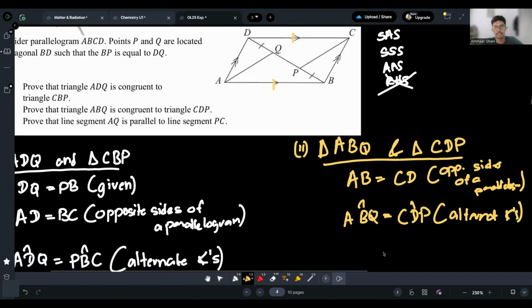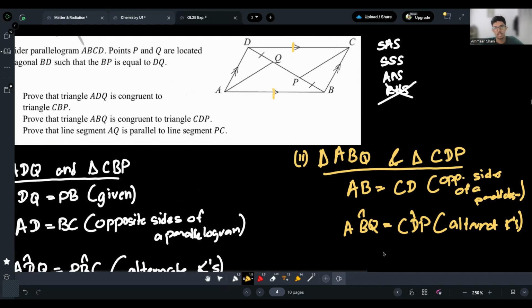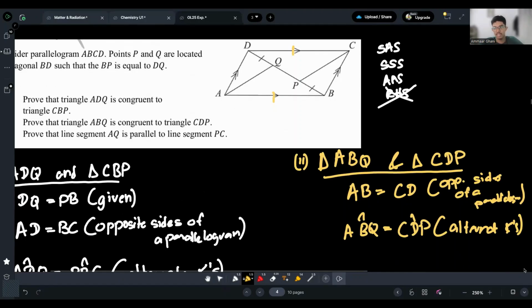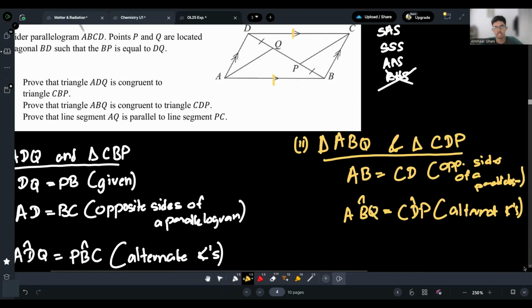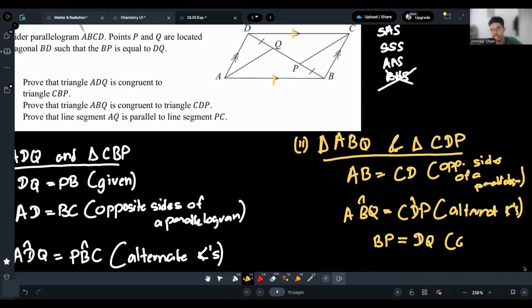So first we tell, we follow the data which they have given us. Okay, we tell that DP equals DQ. We tell given because that's the data which they have given us. Now to the side DP, we go and add.